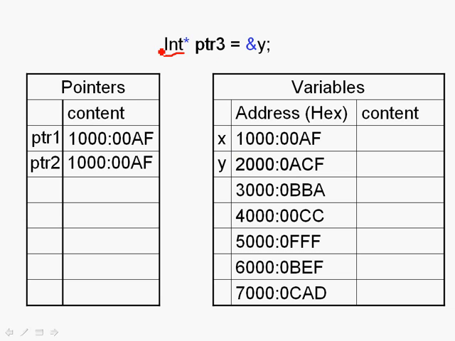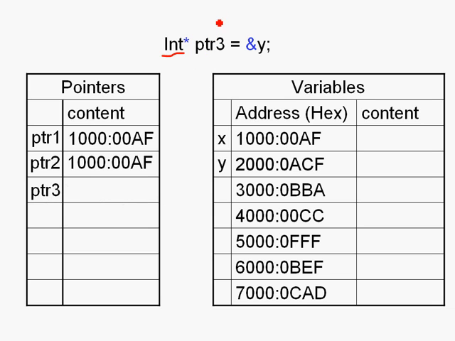I could have used bool or char or string or double, whatever, but here I am pointing to y, and y is an integer. So if y was a boolean, for example, I would choose bool. If y was a string, I would choose string. So here I will type the type of my pointed variable, and here the name of my pointer.